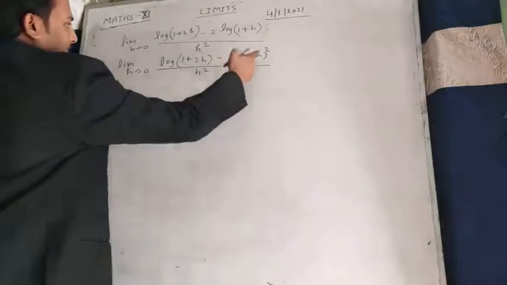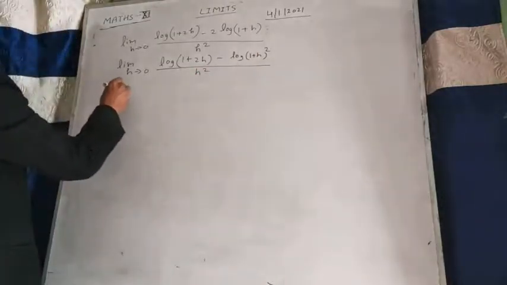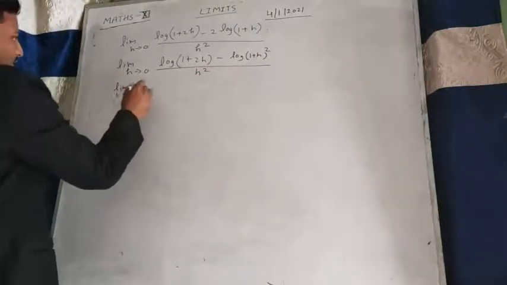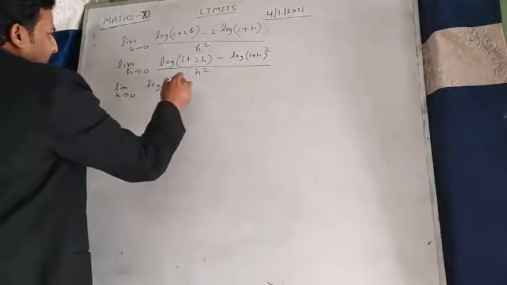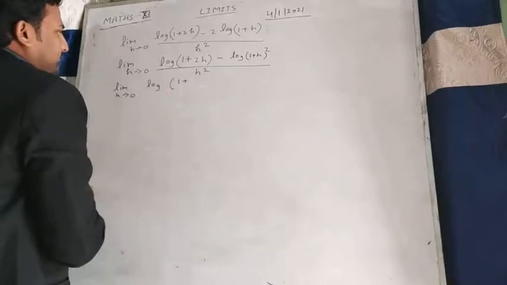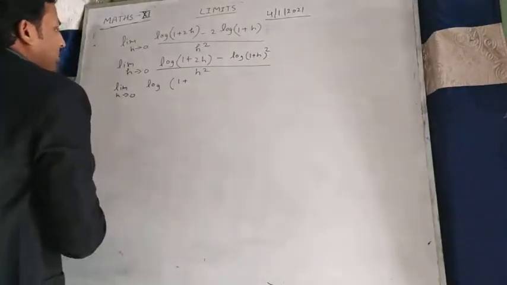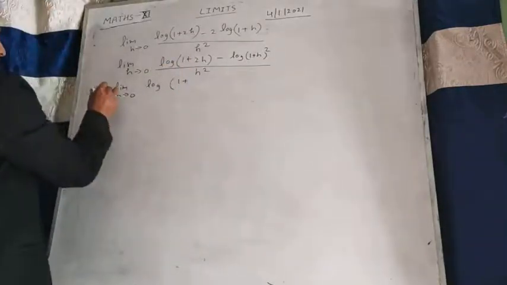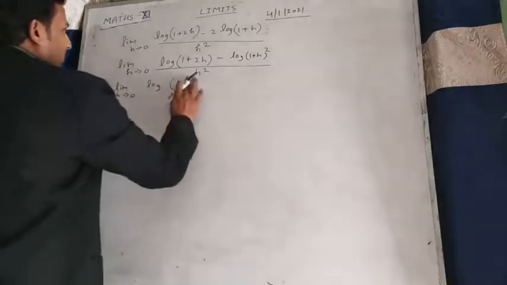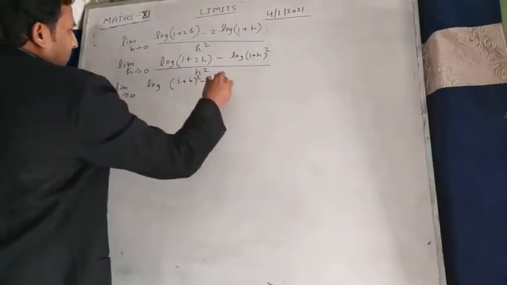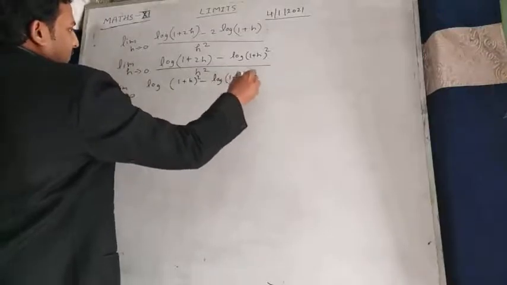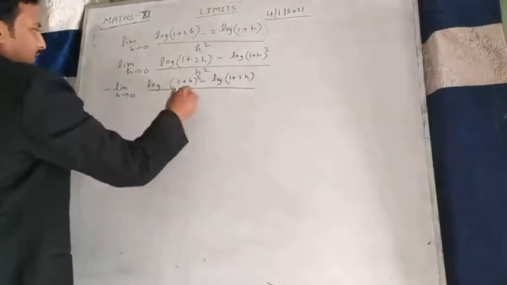This is log m to the power n. Now student, limit h tends to 0, from here we are taking negative sign outside, we get log 1 plus h square minus log 1 plus 2h and by h square.